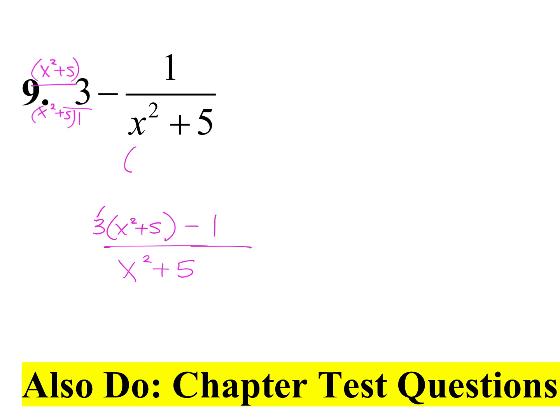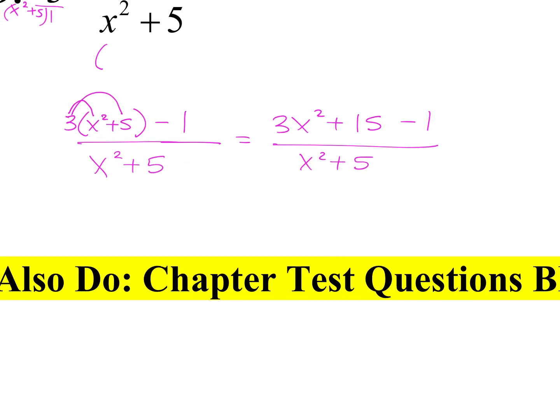And now you can distribute. So that's 3x squared plus 15 minus 1 over x squared plus 5. Okay? Which means it is 3x squared plus 14 over x squared plus 5.